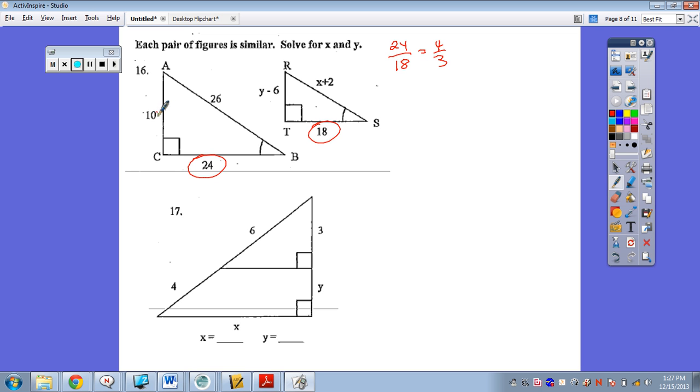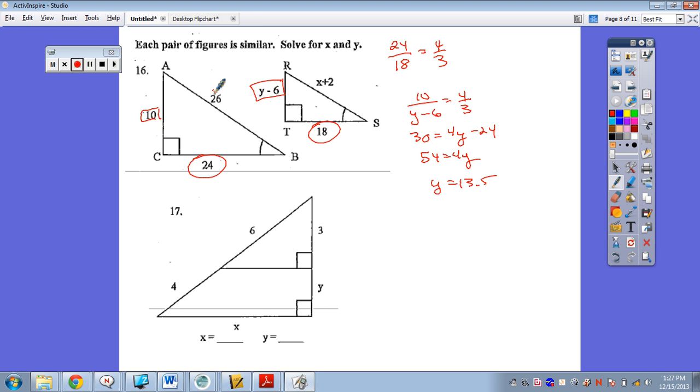That means that the ratio of 10 over y minus 6 has to be equivalent to 4 over 3. Cross multiply, you get 30 equals 4y minus 24. Add 24 to both sides. 54 equals 4y. Divide by 4. Y is equal to 13.5.